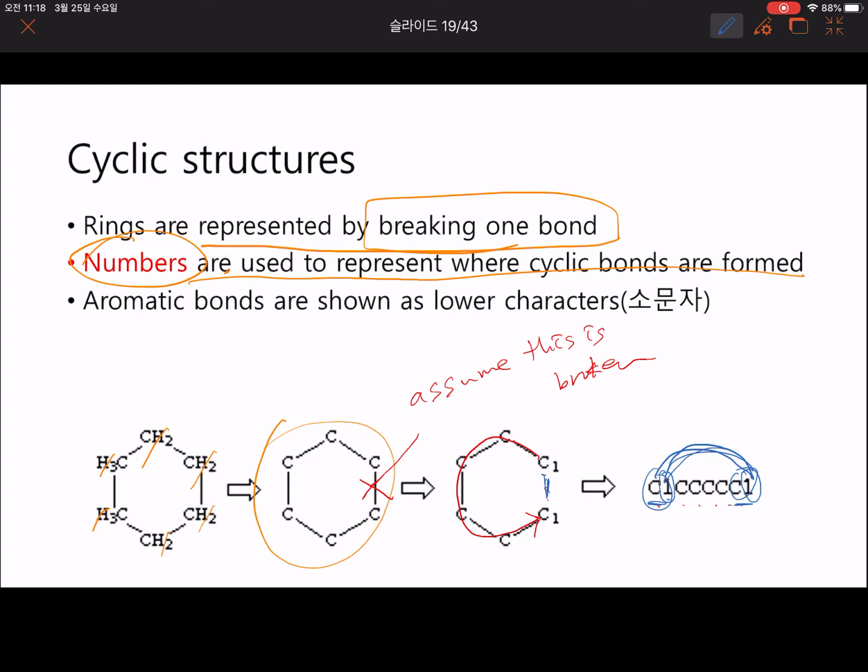So by doing this, they represent cyclic structure, right? When you first write down a SMILES, you assume that one line is broken, but in order to represent that they are actually connected, you put numbers. Then the atoms with the same numbers are actually connected.